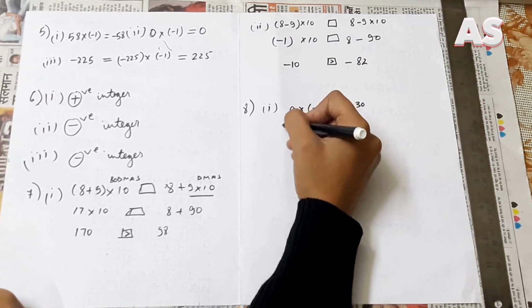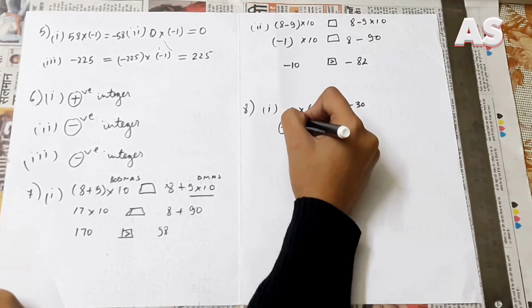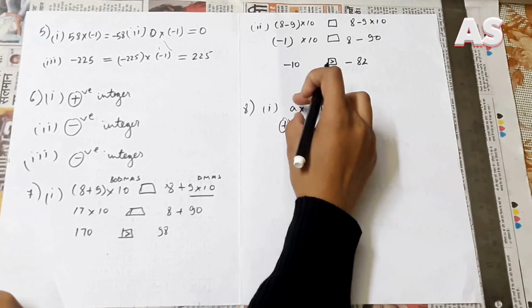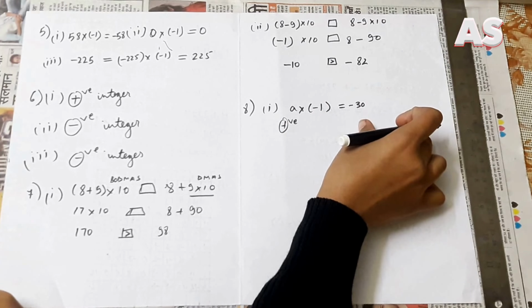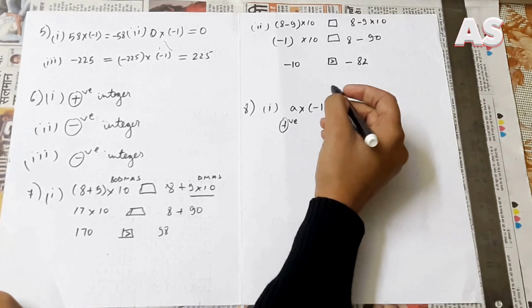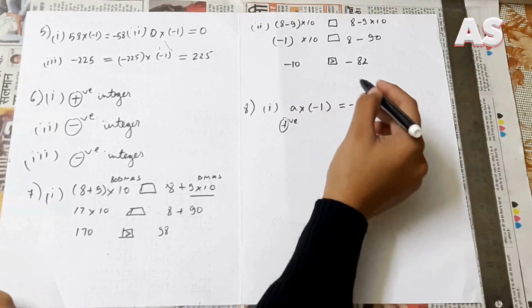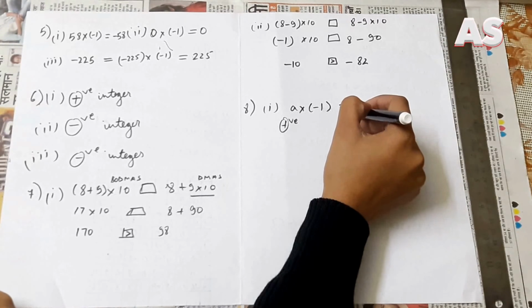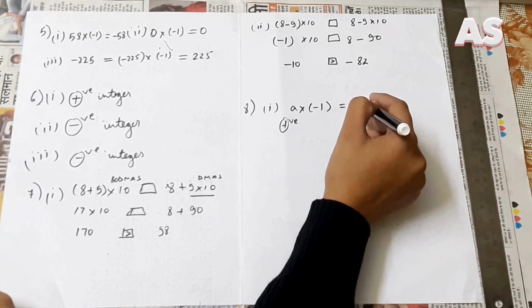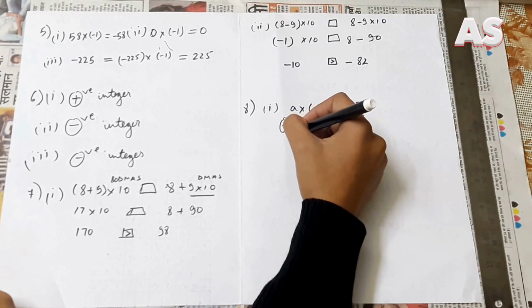So a should be a positive integer because of the rule positive into negative would be a negative integer. And if we multiply a negative integer by a negative integer, the product should be a positive integer. So we have a negative product here, so a would always be a positive integer.